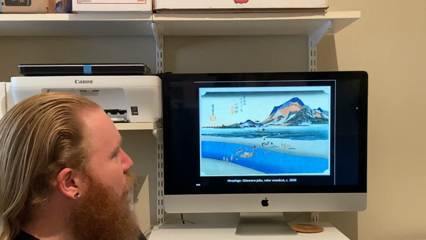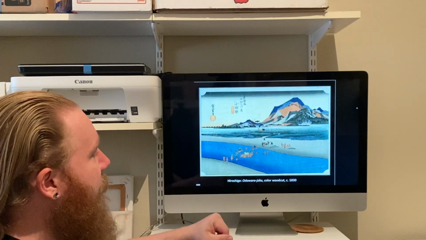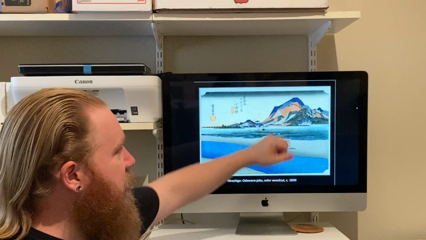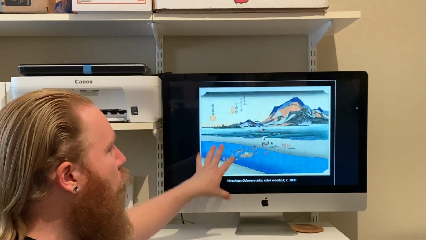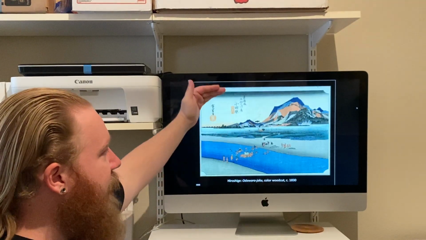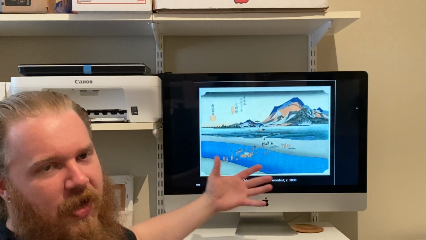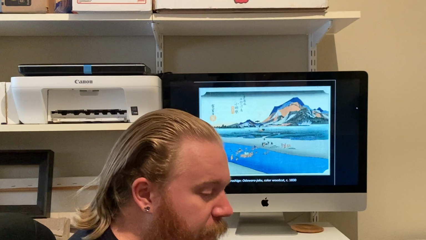But once again, it's important to note that this particular image would have been done either on multiple plates, one for each individual color that you see, or on one plate, and we would gradually eliminate information as we created the print itself.